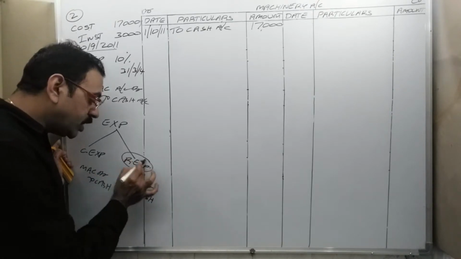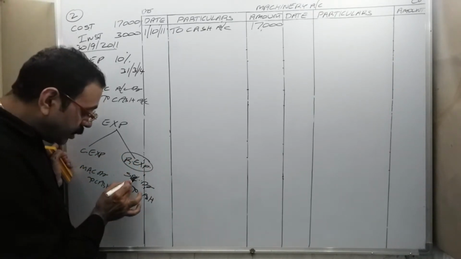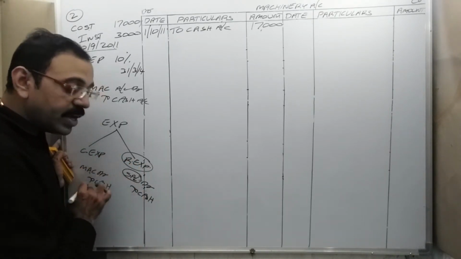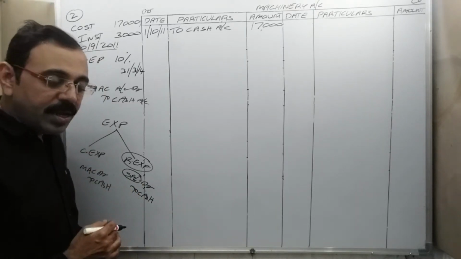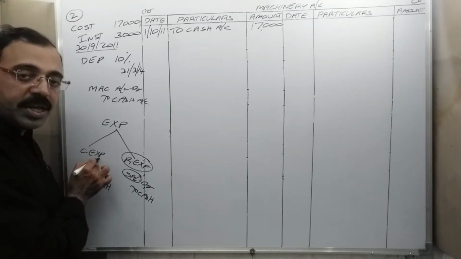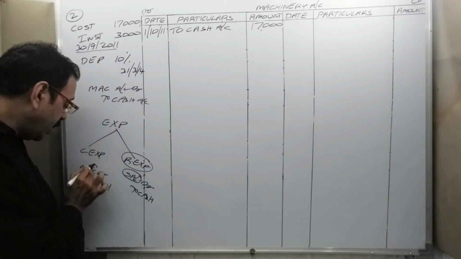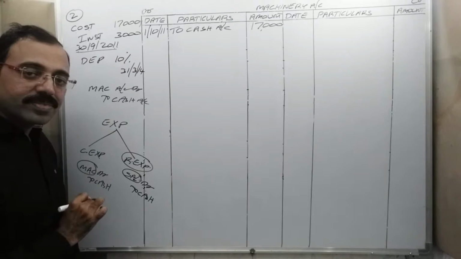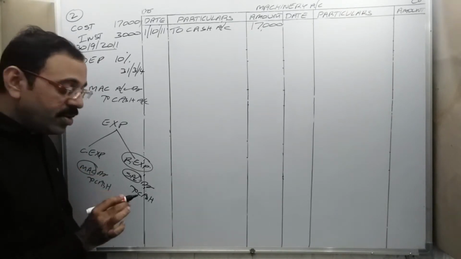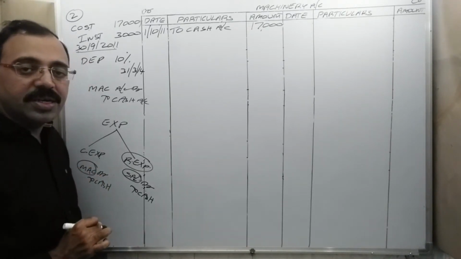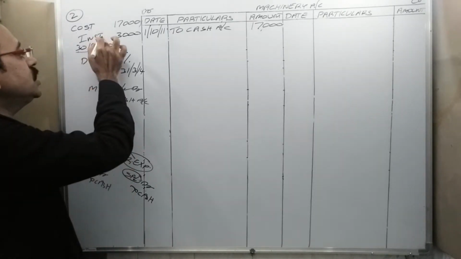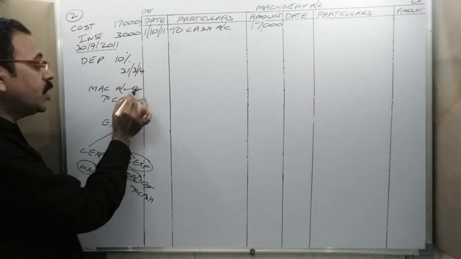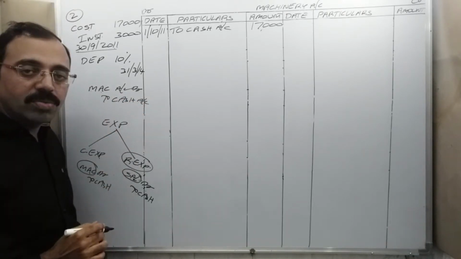In case of revenue expenditure, that expenditure name is debited, salary account is to be debited here. But in case of capital expenditure, we should not debit that expenditure name. We should debit fixed asset name here. Okay? So, entry for installation charges is machinery account debit to cash account.